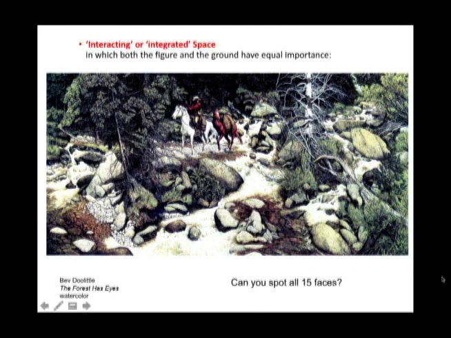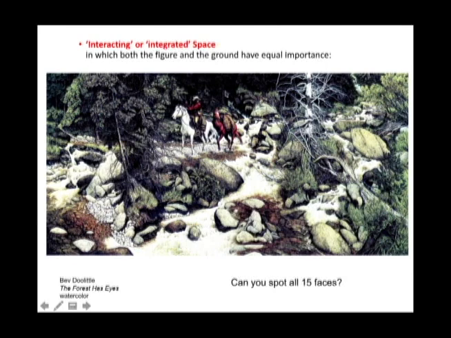This is a painting by Bev Doolittle, and a very wonderful example of integrated positive and negative space in which both figure and ground have equal importance, or maybe a better way to say it would be that figure and ground are shifting relationships.